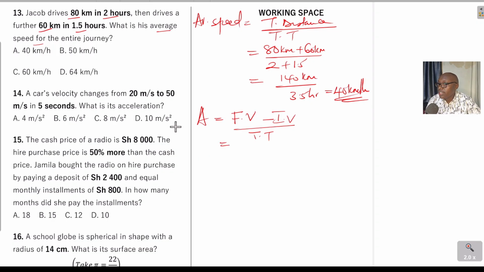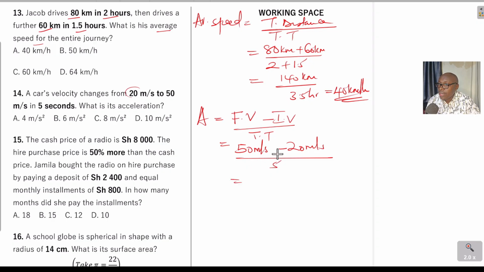In this case, it started at 20 meters per second, then went to 50 meters per second. So 50 meters per second is the final velocity. The initial velocity is 20 meters per second, divided by the time taken, which is 5 seconds.